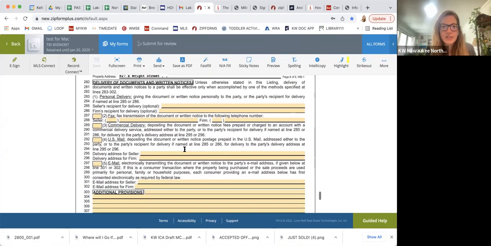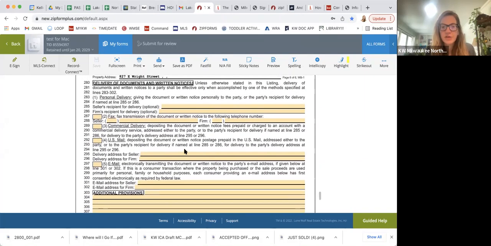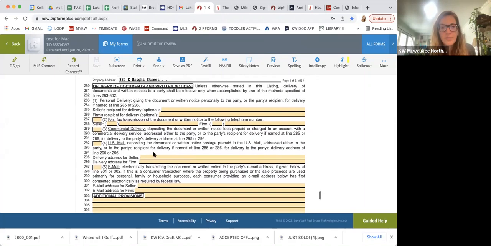And then the last page is just the delivery of documents and written notices. So this formalizes how documents are to be delivered. You have a few options here: personal delivery, fax, commercial delivery, US mail, or email. Personal delivery is automatic.